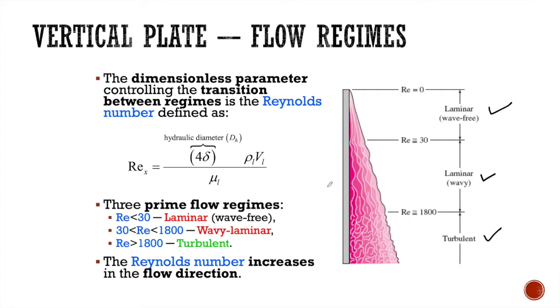So you have to remember all these regions. A Reynolds number below 30 is laminar, wave-free. A Reynolds number between 30 and 1800 is wavy laminar. And the last one, a Reynolds number greater than 1800, is turbulent. This is for condensation, so you have to remember the regions.